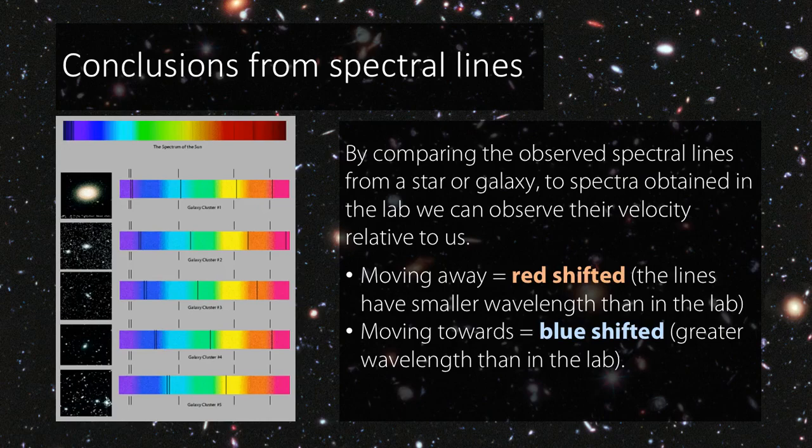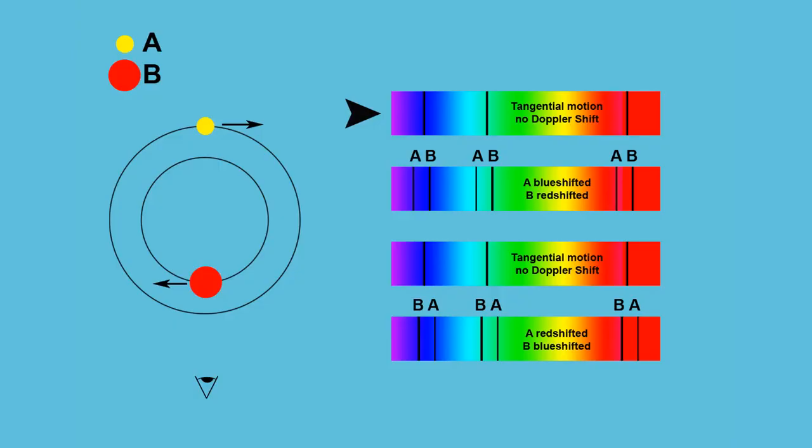But closer to home, one other application of spectral lines is to look for double stars that are close together, so we can't see they're really double. But because we're aligned so that at certain times, twice each orbit, one star is moving towards us and one star is moving away from us, the stellar lines seem to be apart, together when they're moving crossways according to us, and then apart again, because one line is blue shifted and one line is red shifted.